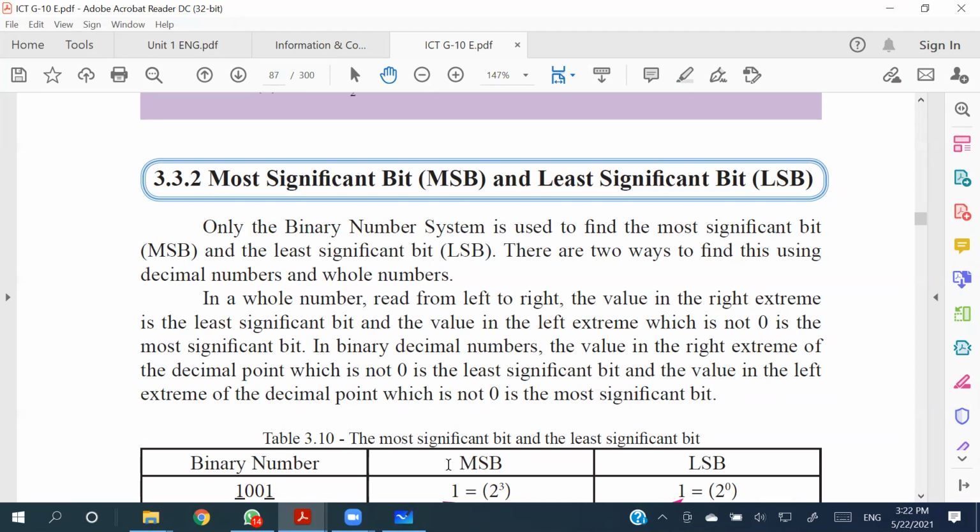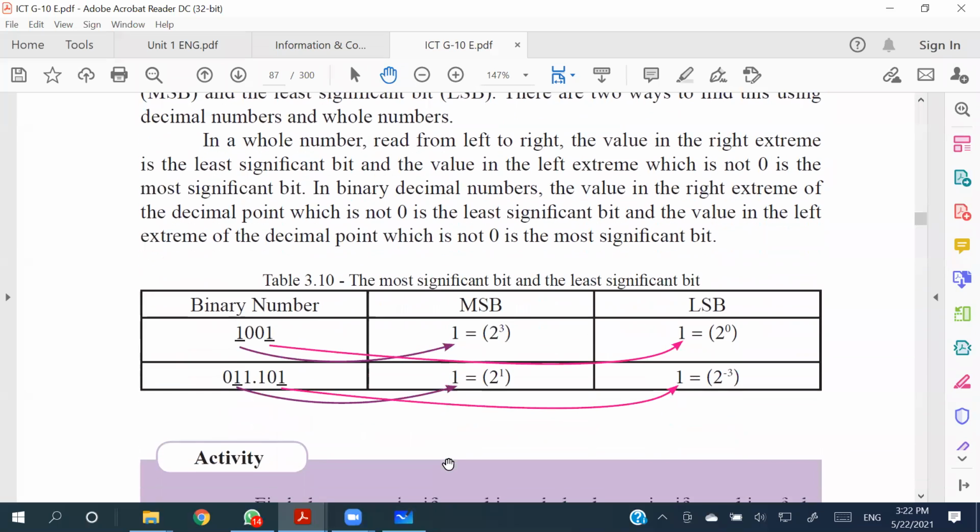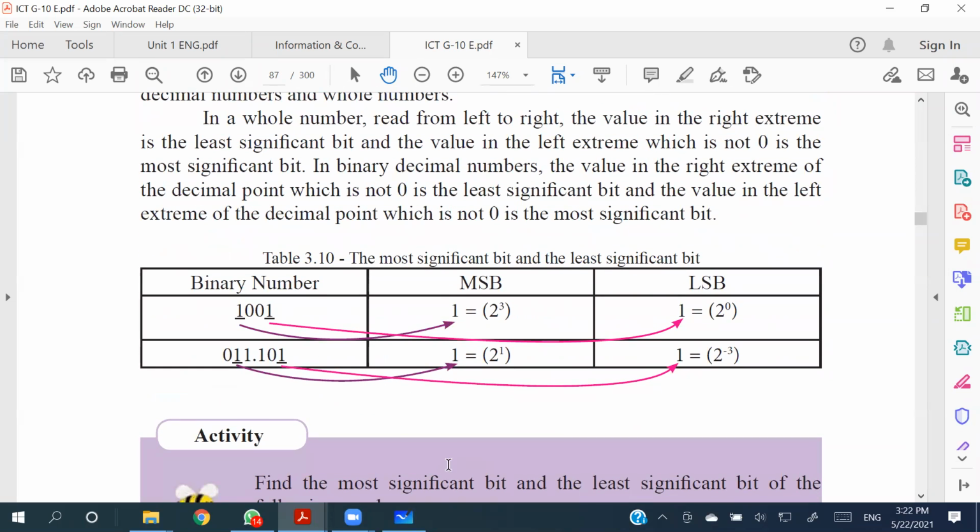In computing, we refer to a one or a zero with the name of a bit. So since binary numbers consist of zeros and ones, it is given a special name called most significant bit and least significant bit. This is none other than the same most significant digit and the least significant digit.